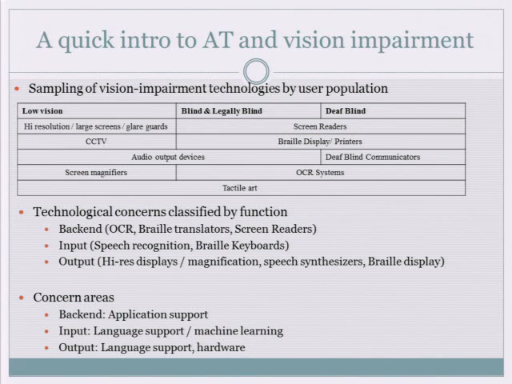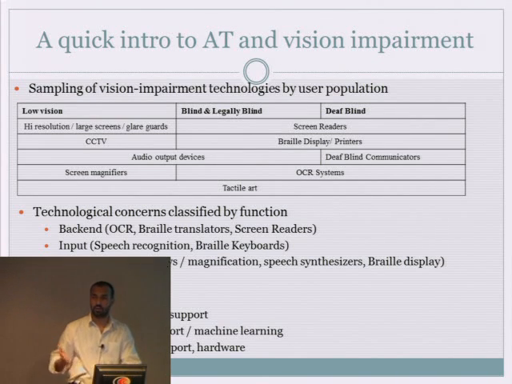How are these managing to keep up with these new applications? We'll talk about that a little bit. Input, language support, and machine learning. So language support is important from both the input and output side. So the machine's ability to process new languages as well as output in those new languages. And finally, on the hardware side, the concerns are mainly for Braille displays.